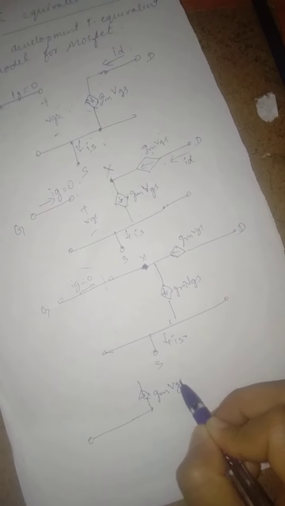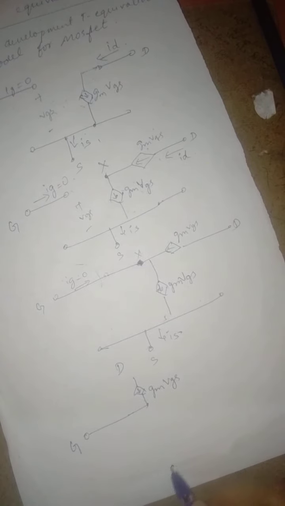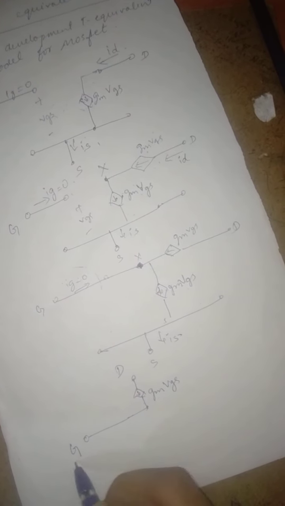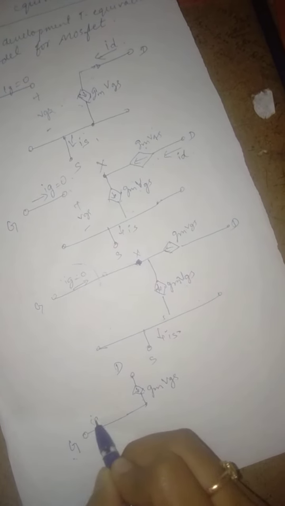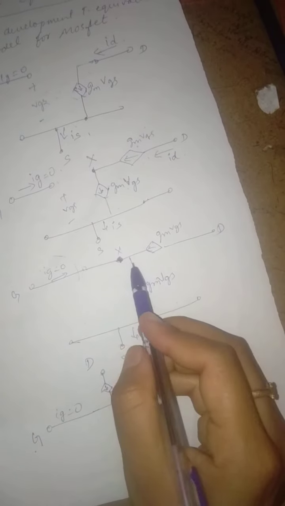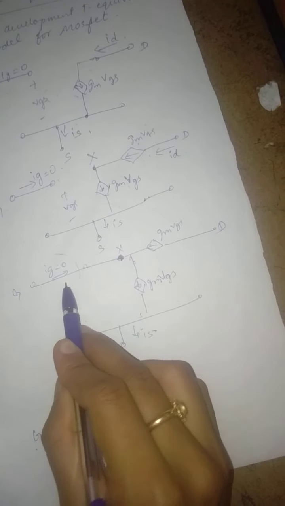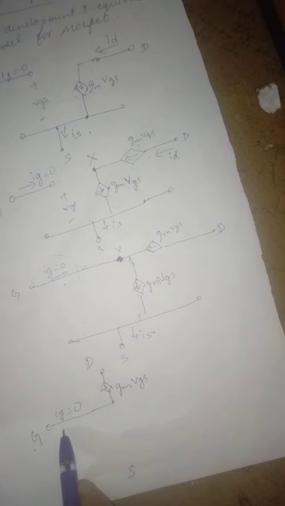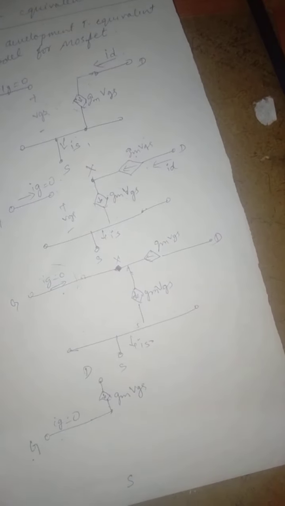So GM VGS. This is our gate, drain and source part. Now at the gate, Ig is there. Even after joining a point X with gate terminal, Ig still remains 0. That means we are not going to harm the circuit. It is just still remaining the same.